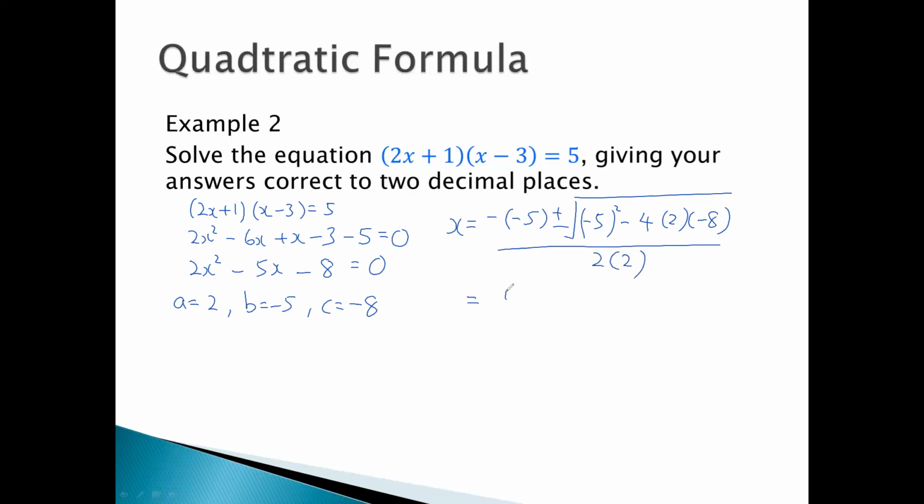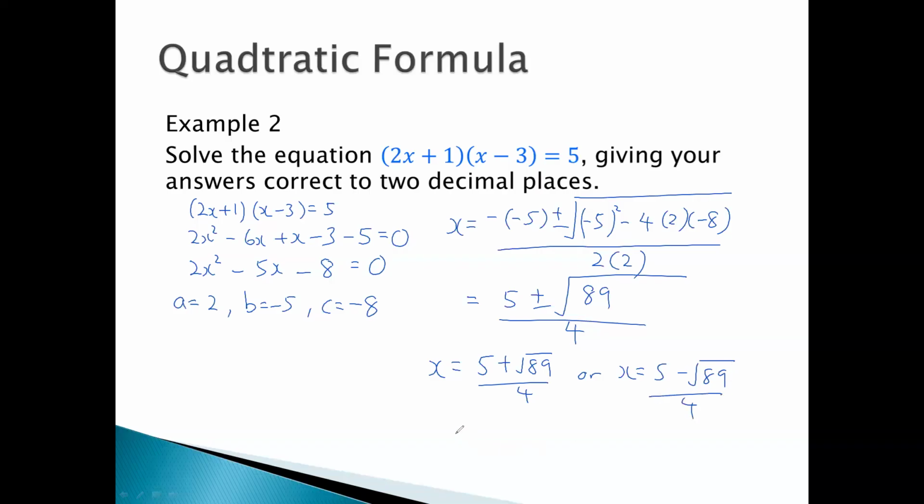So again, let's simplify this. Negative minus a negative 5 is positive. Plus minus, let's key in whatever's inside the square root. I get 89 inside, over 4. So x = (5 + √89)/4, or x = (5 - √89)/4. And let's get our answers.